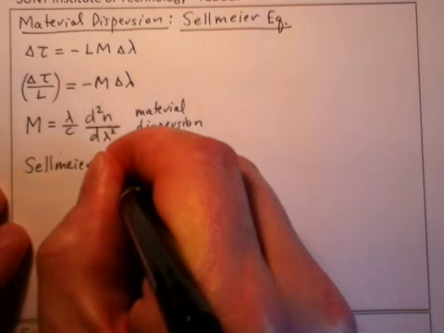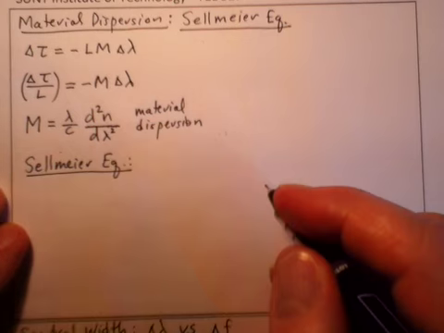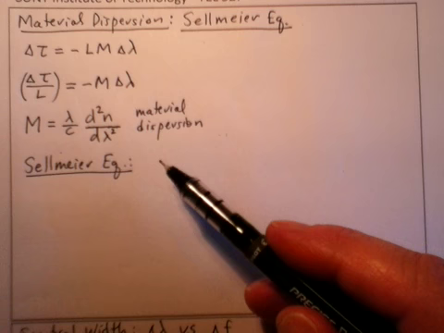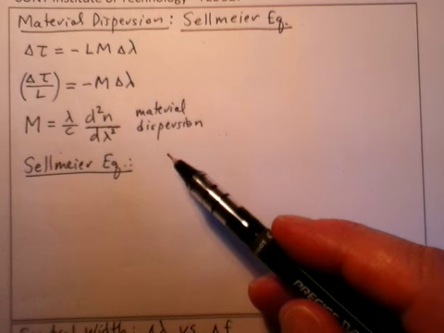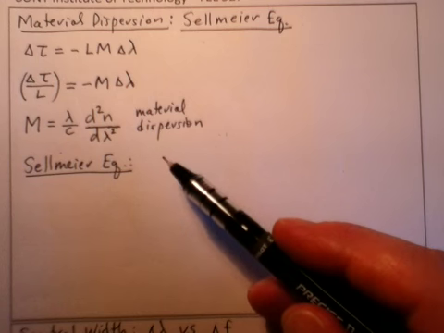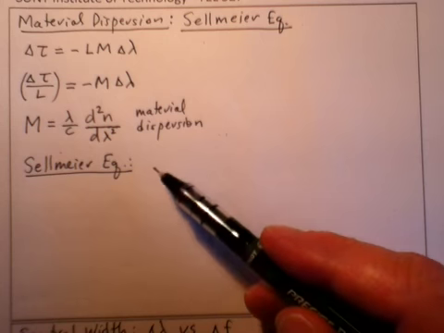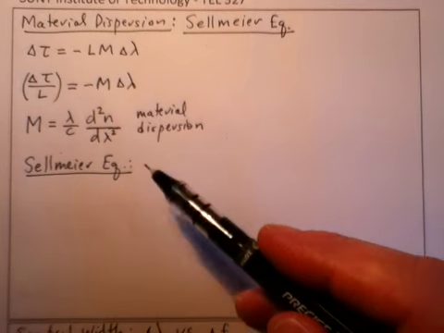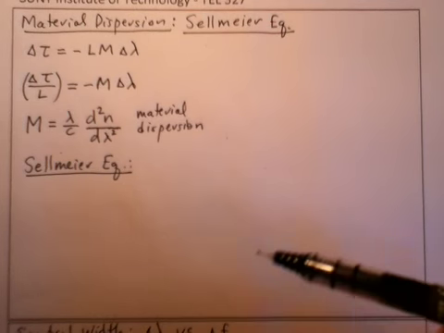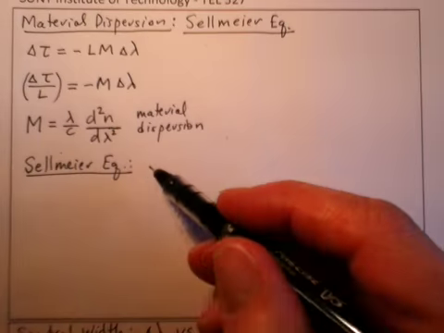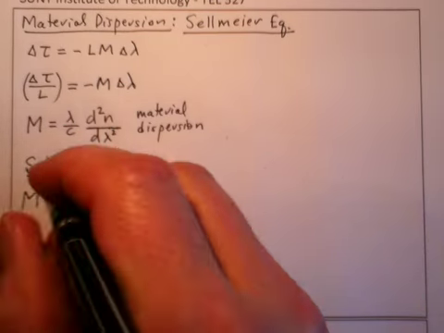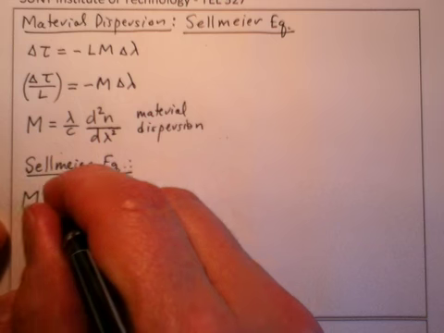It's actually an approximation, or the mathematical form of it is based upon some actual physical understanding of resonances, of various types within the glass matrix.